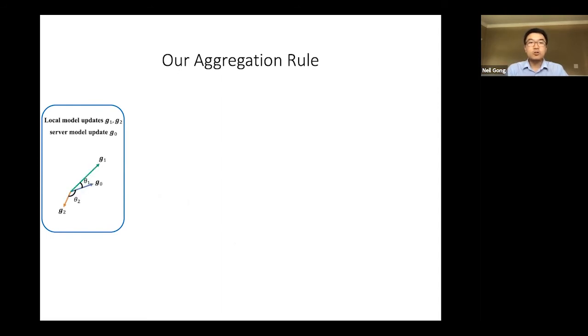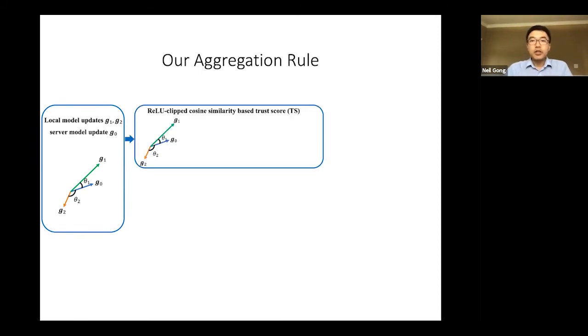This graph illustrates these model updates as vectors in the vector space. Our intuition is that if a local model update deviates substantially from the server model update, then the local model update may be from a malicious client. For instance, in our example, the local model update G2 deviates substantially from the server model update G0. So G2 may be from a malicious client.